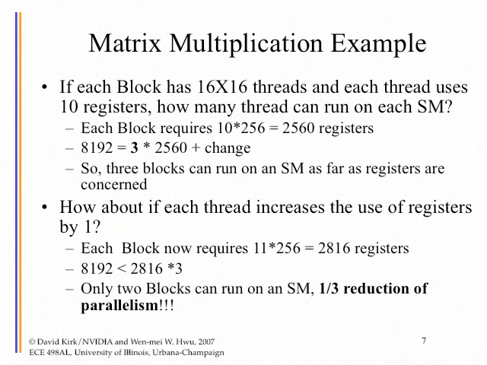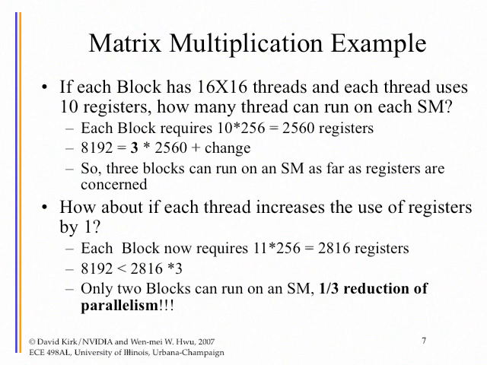So from a register point of view, you can have 3 blocks assigned to each SM and running in parallel. Because we truly have all the 8,192 registers, all the threads in those 3 blocks can truly run in parallel.